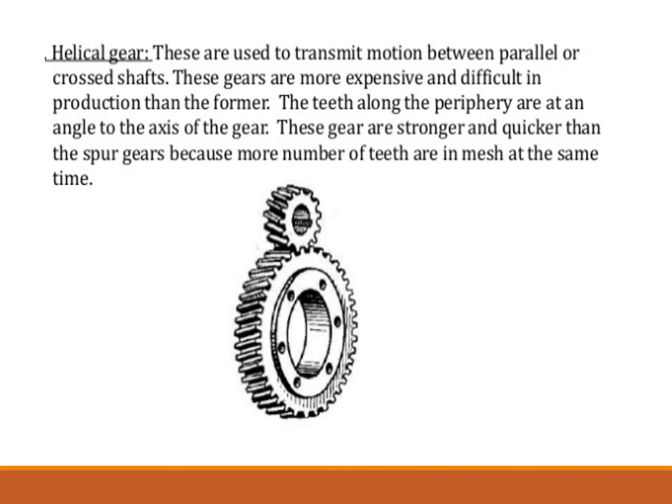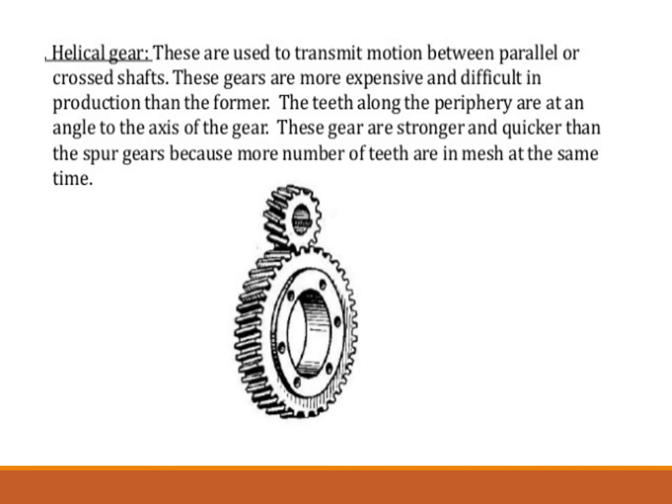Helical gears operate more quietly and smoothly than spur gears. This is due to the fact that teeth of helical gears slide one across the other rather than hitting each other, as in spur gears.